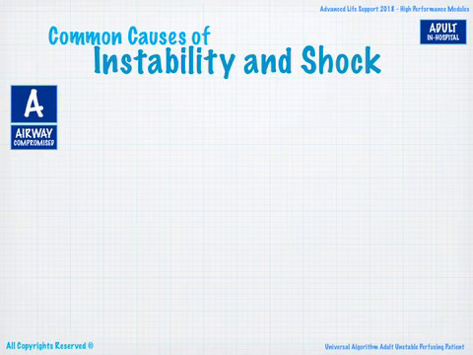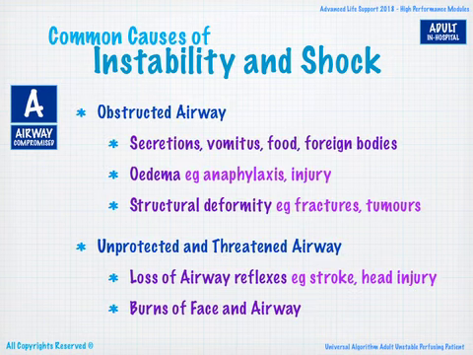The A is to look for a compromised airway in these patients, and we do this by looking for potential obstructed airway. The airway can be obstructed by secretions, vomitus, food, and foreign bodies. And we can recognize it by hearing for sounds, or recognizing that the patient is unable to swallow or breathing is noisy.